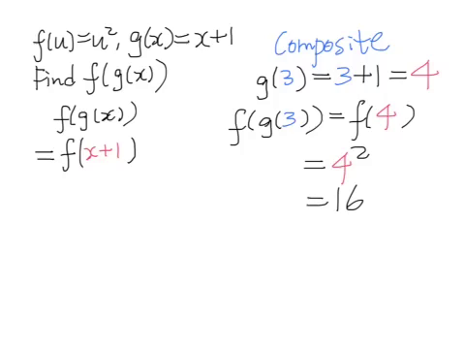Now, this will become my u, right? So my next step is I will put this into the u in here, because u is the variable for f, okay? And I know that it's u squared, right? But now I don't want u. This will actually become x plus 1 whole squared. And that is the final answer.